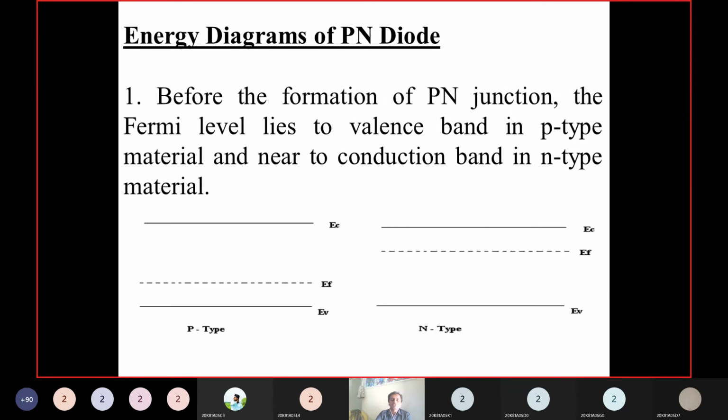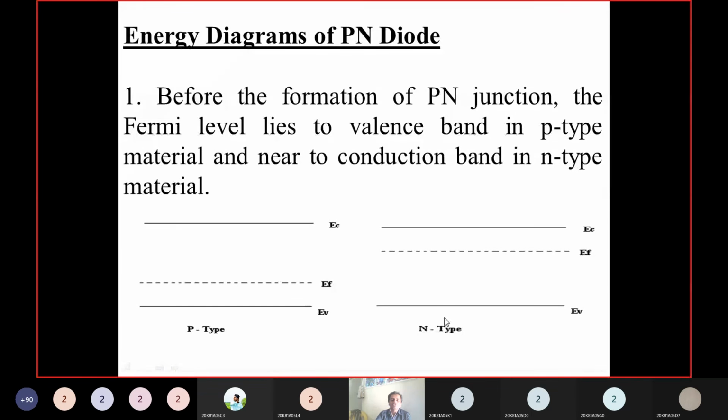Here, we already know how p-type semiconductor behaves and how n-type semiconductor behaves. Let us take the p-type semiconductor first. Before formation of the PN junction diode, in a p-type semiconductor the Fermi level will be nearer to the valence band. In an n-type semiconducting material, the Fermi level will be nearer to the conduction band.